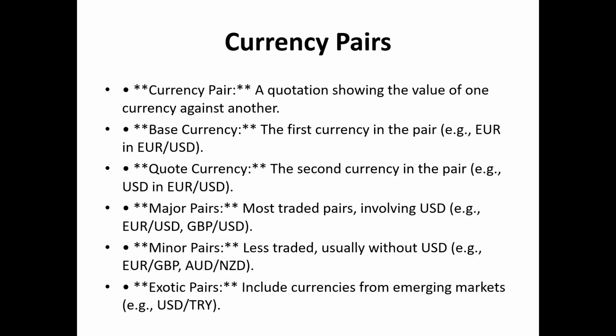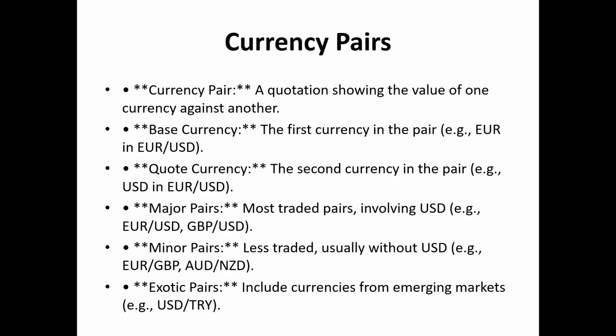The quote currency is USD, because it's in the second part, after the slash. So euro is the base, and then slash USD is the quote, and that's pretty much how it works. You have your USD, you have your NZD. It's like you're trading the currency of one country versus the currency of another country. That's kind of how it works.